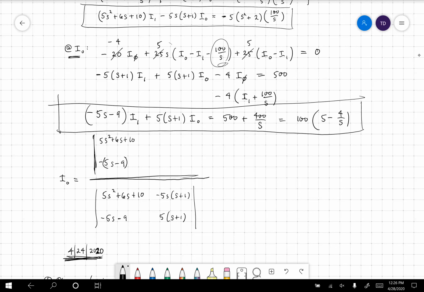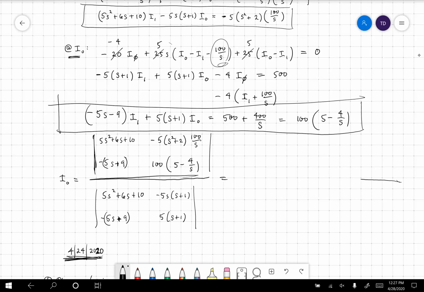Actually, let's do this. Then we have, goodness gracious, what a mess, minus 5s squared plus 2 times 100 over s. That's not pretty. This one's ugly. I can see this one's really ugly. And this is 100 times 5 minus 4 over s.